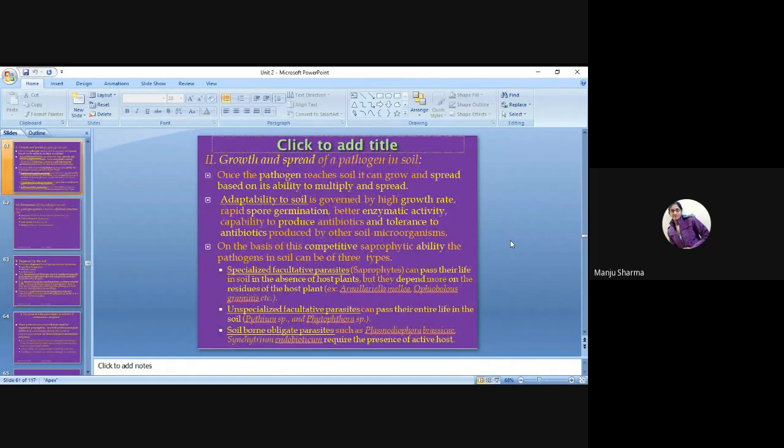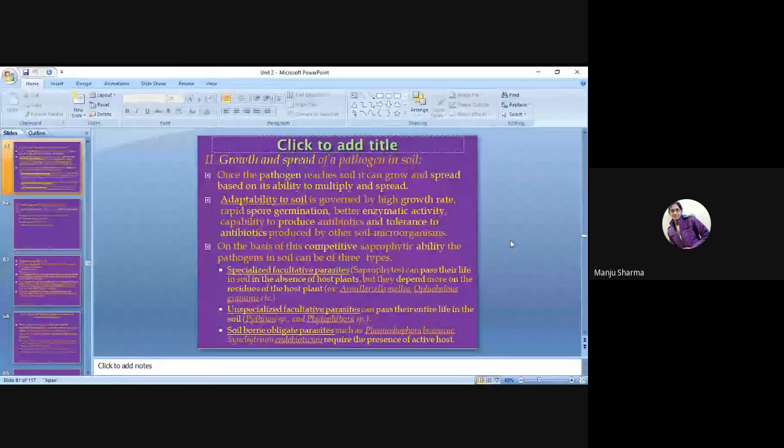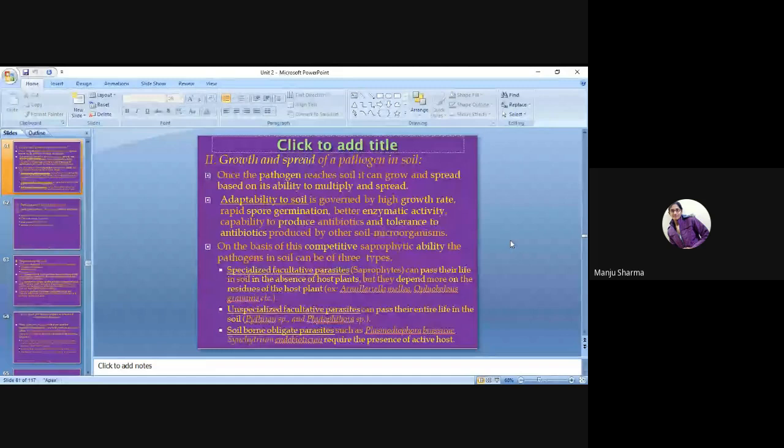Another is adaptability to soil, which is governed by high growth rate, rapid spore germination, enzymatic activity, capability to produce antibiotics, and tolerance to antibiotics produced by other soil microorganisms.